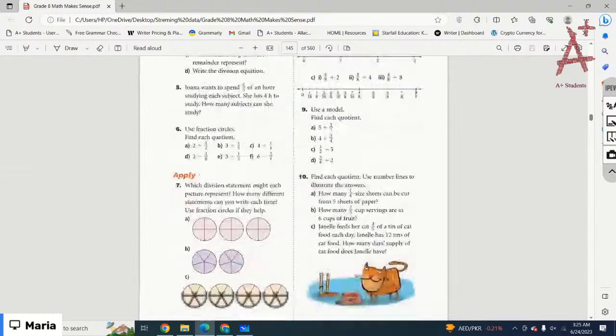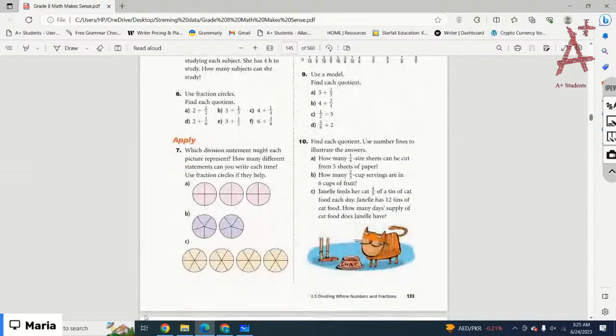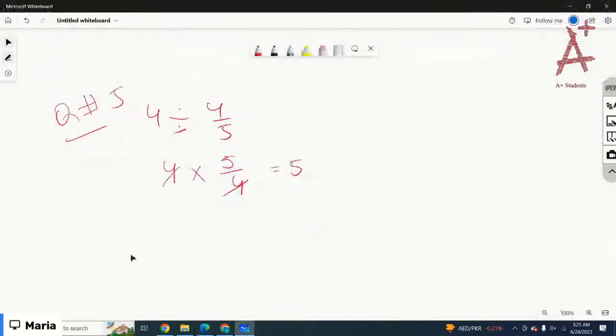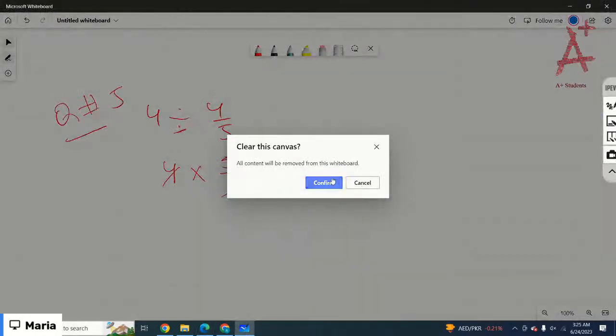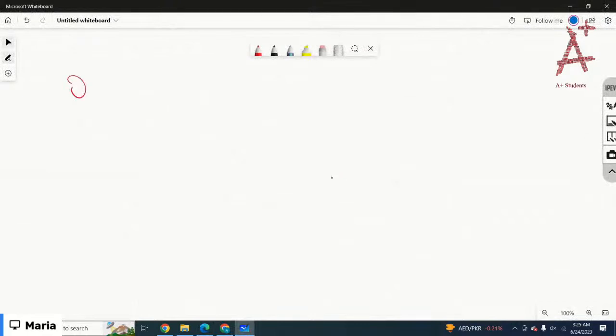Okay, just look at the question number 9. You find each quotient. So you have to calculate the quotient, 5 divided by 2 over 3. So just replace the division sign with multiplication.